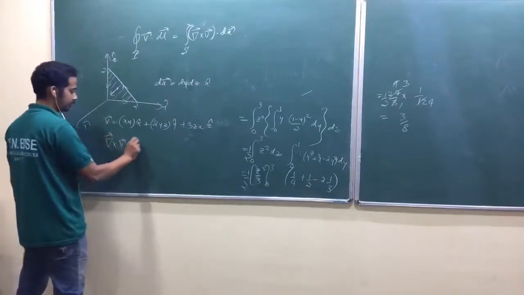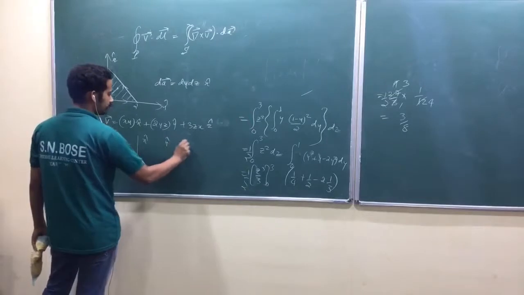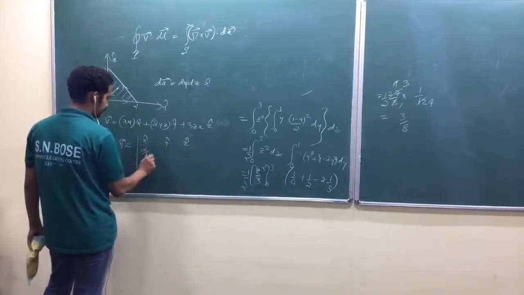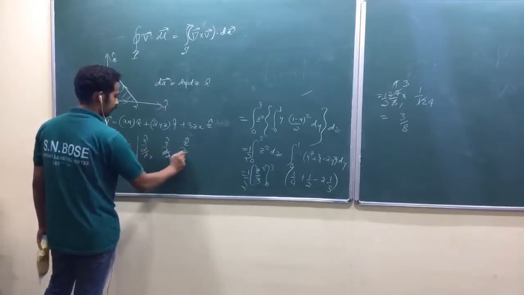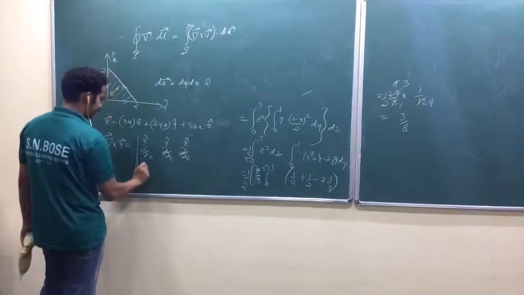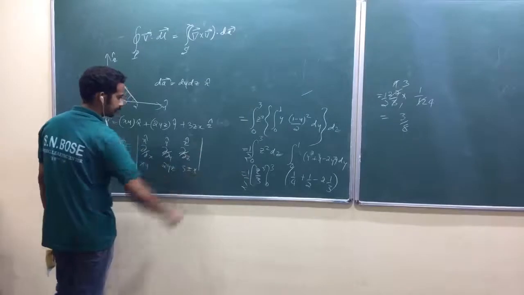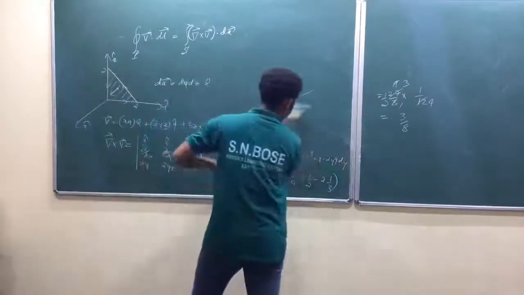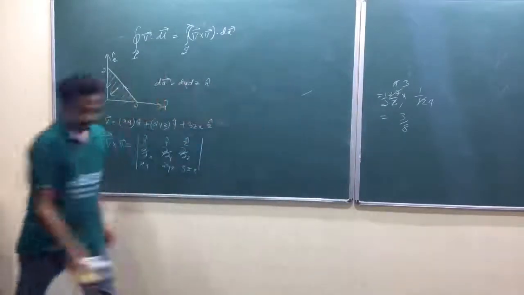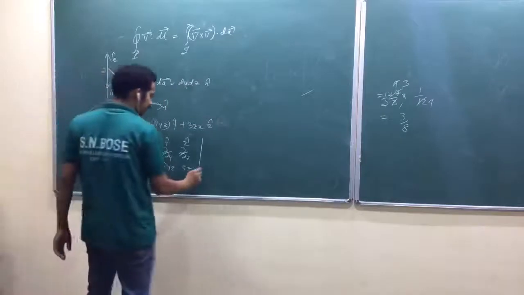Can you just find it quickly? Find the curl of xy, 2yz, 3zx. So be a little fast in writing the steps.